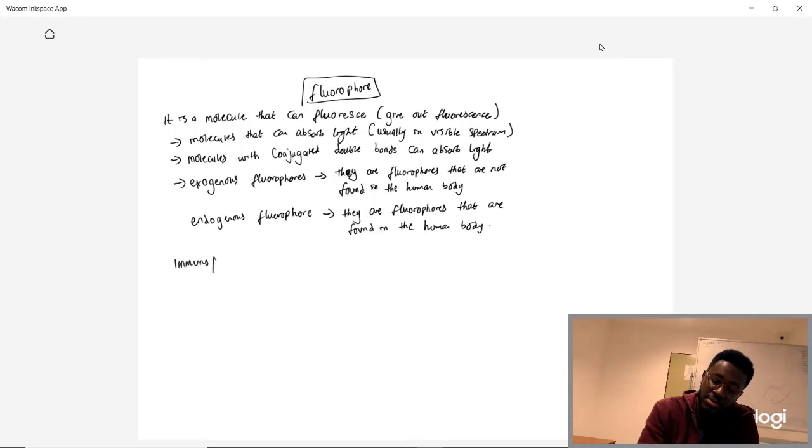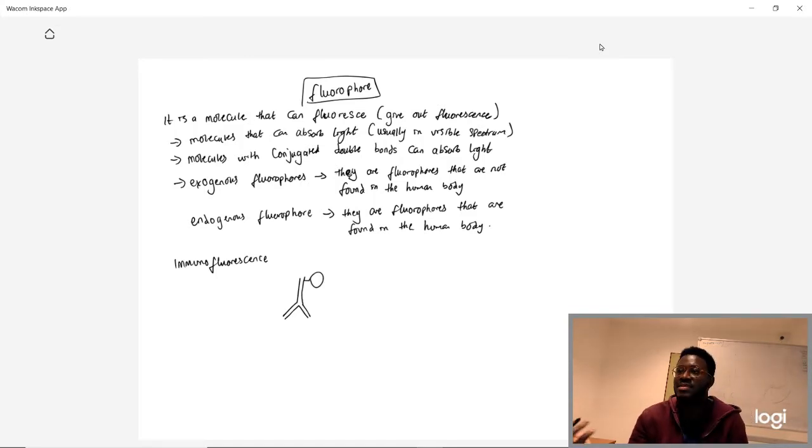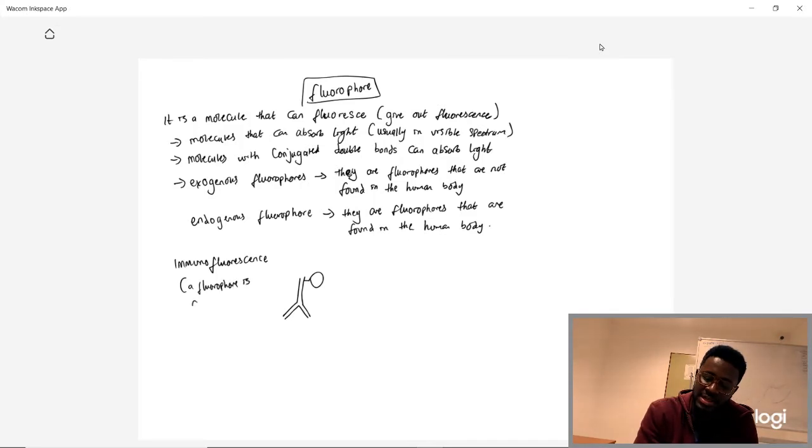Immune system, antibody. When a fluorophore dye is attached to an antibody, it can give you immunofluorescence.